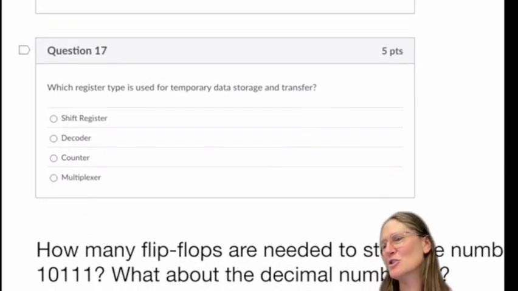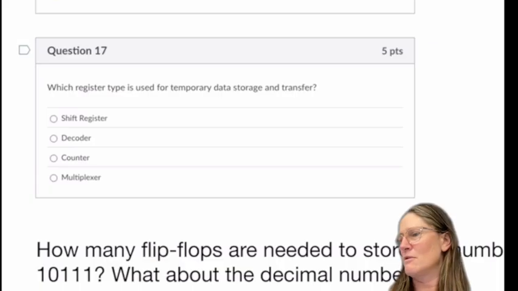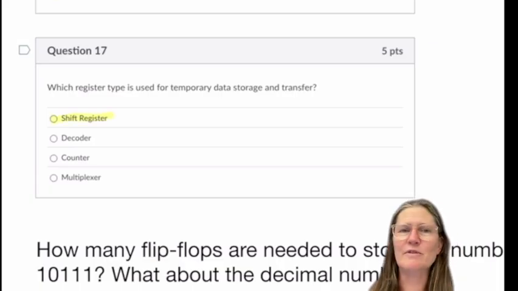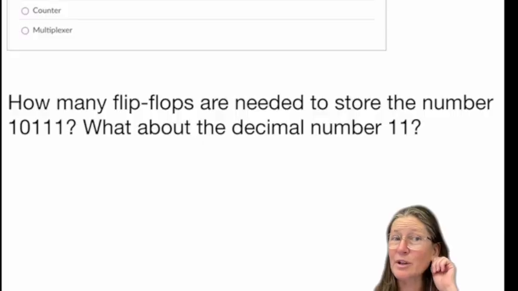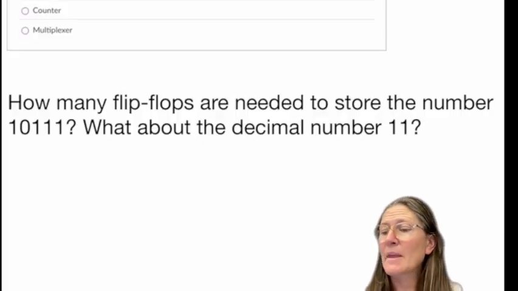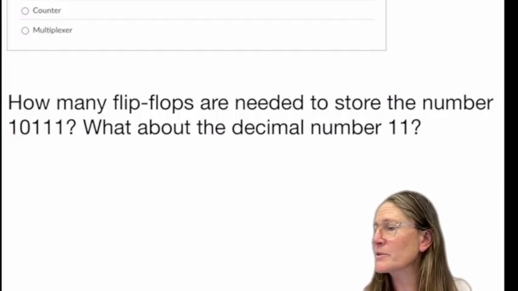Which type of register is used for temporary data storage? Correct, that shift register. All right, how many flip-flops are needed to store the number 10111? Correct, 5 flip-flops.